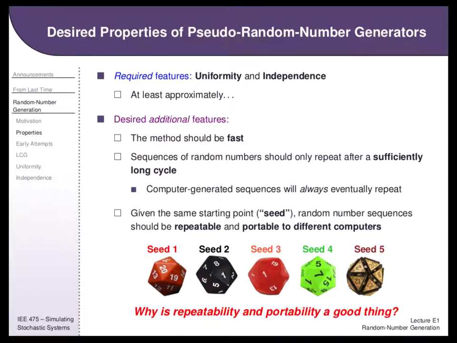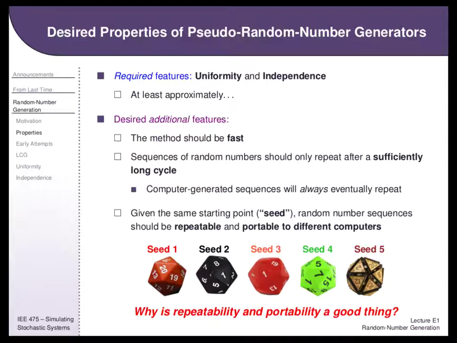And then the other thing that might seem weird is that all of these random number generators are going to start with some seed, which you should be a little familiar with after doing homework C2. We want these methods to generate the same sequence given the same seed, regardless of what computer we put them on. It's like I want 5 20-sided dice, and I want this 20-sided die always to give me one sequence, and this 20-sided die always to give me a different sequence.